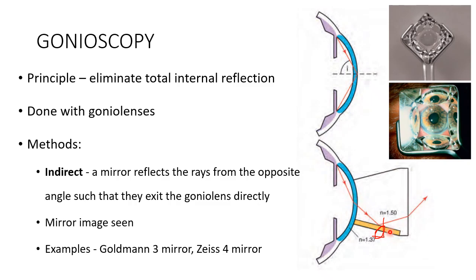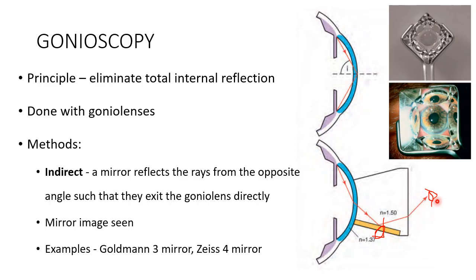This is direct gonioscopy. Indirect gonioscopy is when the observer's eye is placed here. Understood? Now, why is it indirect? Because the light from the angle is getting reflected first by a mirror. That yellow thing is the mirror, and then reaching the observer's eye. So this is indirect gonioscopy.